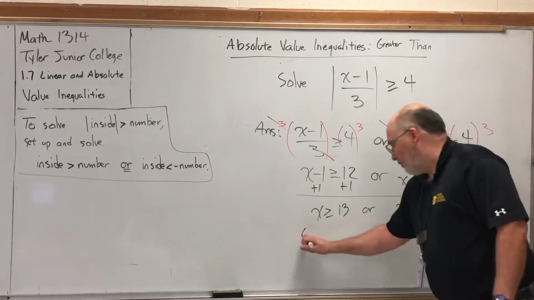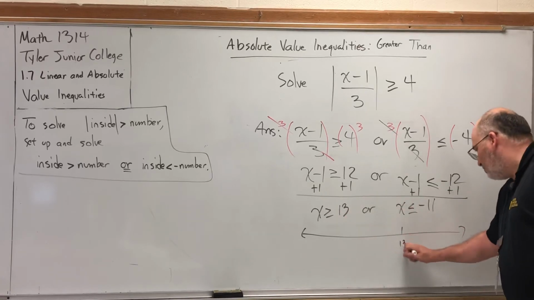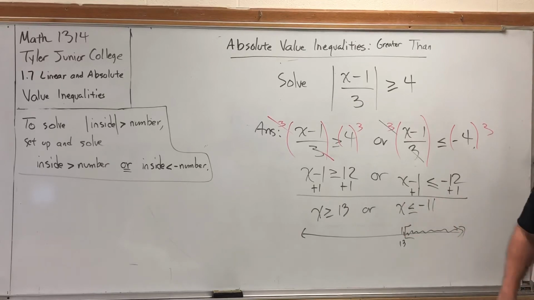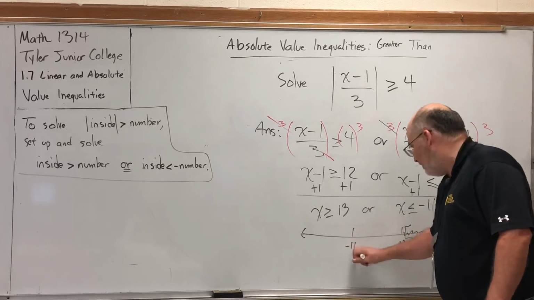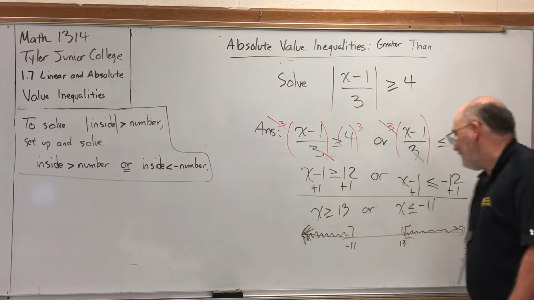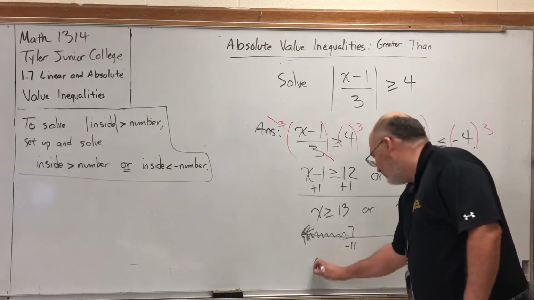So if we were to draw a number line, greater than or equal to 13 means to the right of 13 with a bracket. Less than or equal to negative 11 means to the left of negative 11, also with a bracket. For the union, since they're 2 disjoint intervals, we have to write an interval for each one.